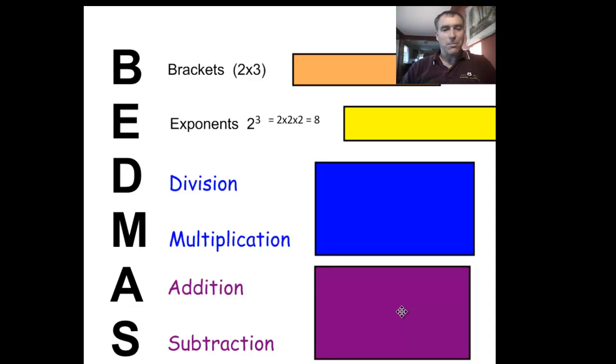It's addition and subtraction, and they are tied as well. So you treat them as equal in the order in which they come in the question. So B, E, D, M, A, S: brackets, exponents, division, multiplication, addition, subtraction. BEDMAS. That's what you need to know.